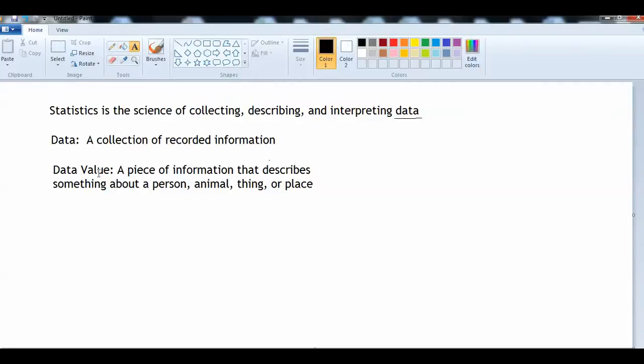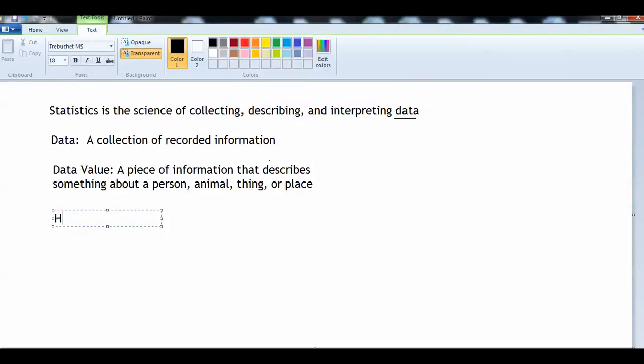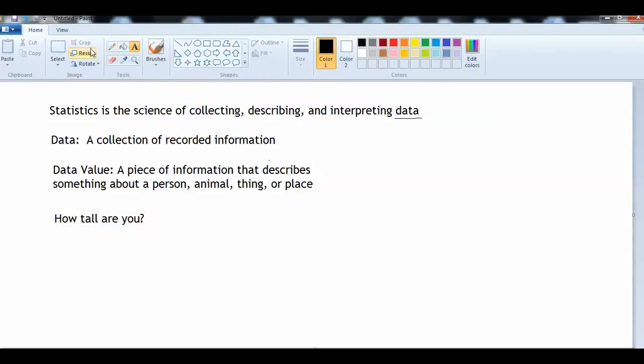Let's give some examples of data values. Let's say I ask a person, how tall are you? And the person says, I'm 55 inches tall.